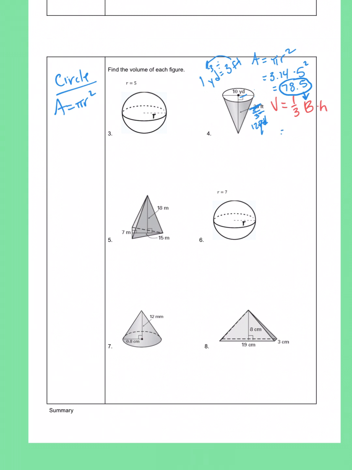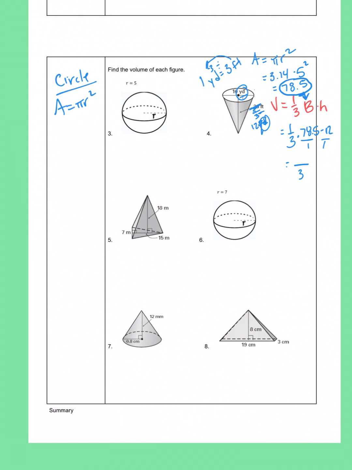So now we're going to plug in 1/3 times area of the base. The area of the base we said was 78.5 times the height. Now it was 36 feet, but we turned that into 12 yards so that this matches, yards and yards. And then we're going to again think of that all as fractions so that we can calculate with our numerators and denominators. We multiply across the bottom: 3 times 1 times 1 is 3.